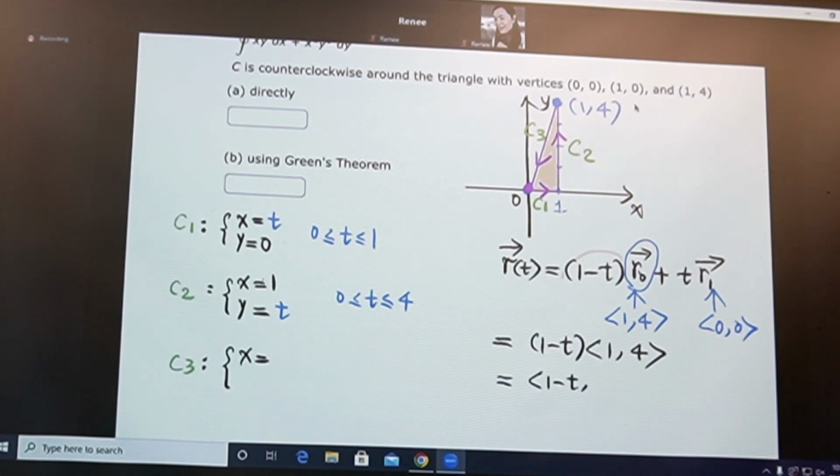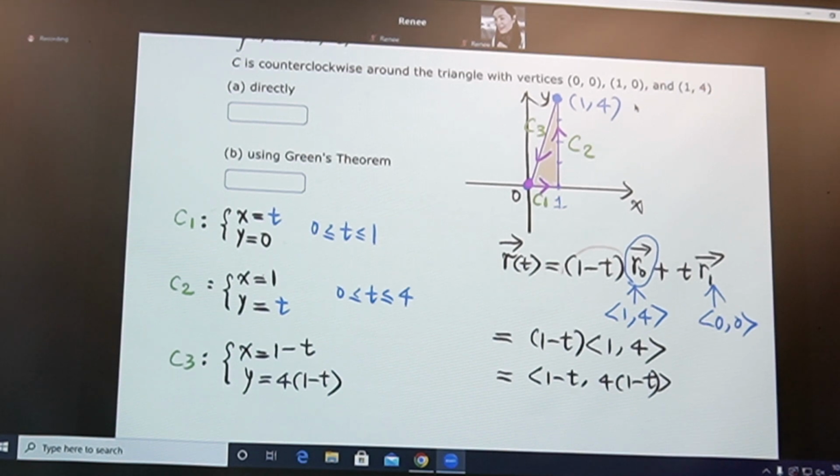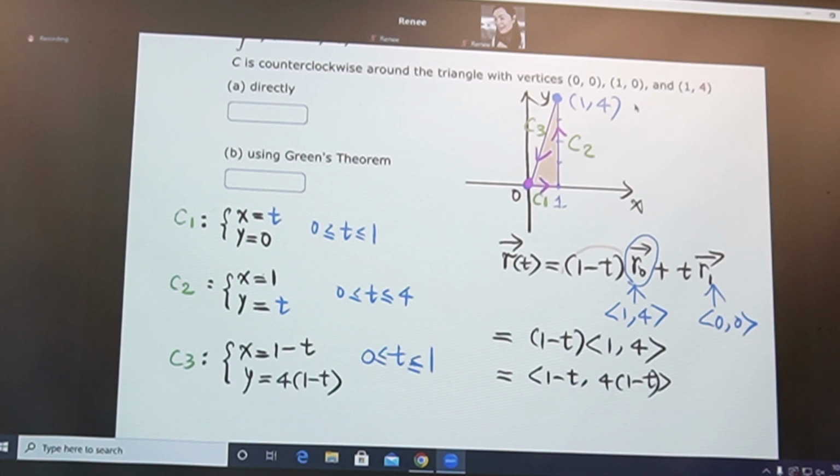And then the second one is 4 times (1 minus t), so y is equal to 4 times (1 minus t). So you see how tedious it is? t goes from what to what? t goes from 0 to 1, right? Remember when we parameterized this right here? t goes from 0 to 1.